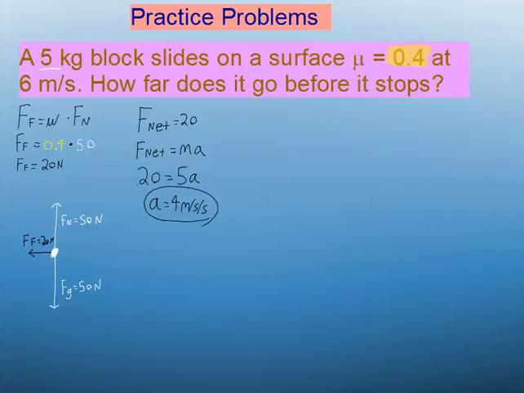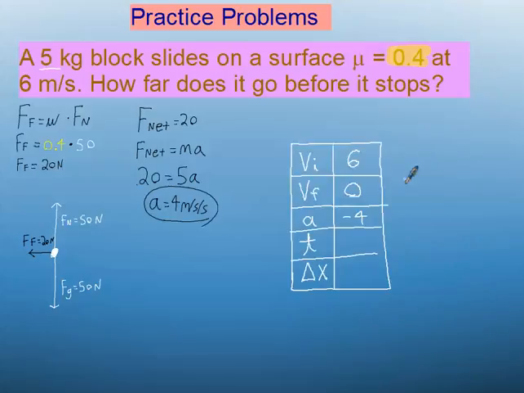But the question didn't just ask what the acceleration was. It wanted to find out how far the block goes before it stops. It's looking for delta x. Not a problem. We've played this game before. We just have to throw down our 5 variables of awesomeness to see if we can figure out what delta x is. And we know that the starting velocity was 6, the final velocity was 0 because it came to a stop.